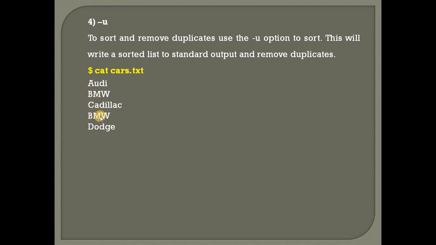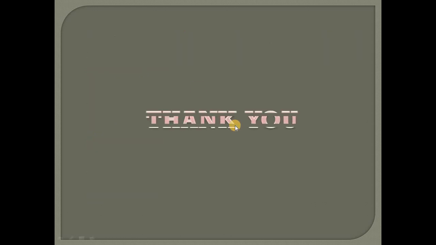So there are duplicate records. When I use the -u option, it will remove the second BMW record and it will just sort it in alphabetical order and remove the duplicate records. So by using the -u option, we can remove the duplicate records. Thank you.